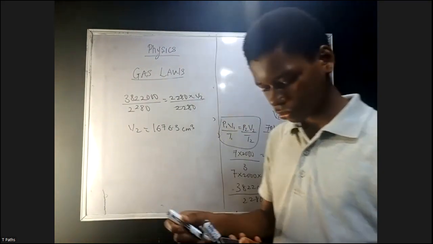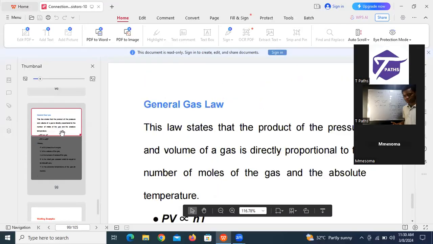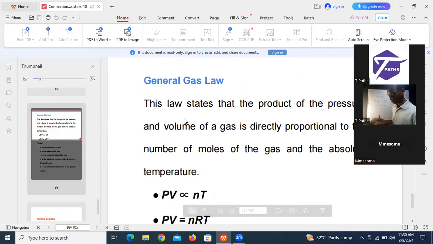So general gas law states that the product of the pressure and volume of the gas is directly proportional to the number of moles of the gas and the absolute temperature.